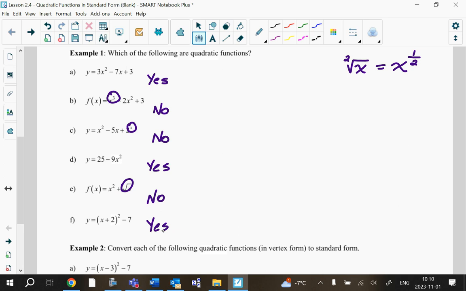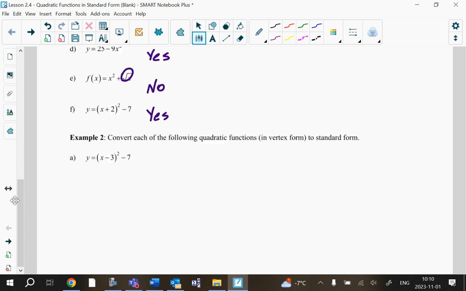Okay, how do we go from one form to the other? It's actually pretty straightforward to go from vertex form to standard form. You just have to multiply everything out and rearrange everything. It's more challenging to go from standard form to vertex form. So let's do vertex to standard.